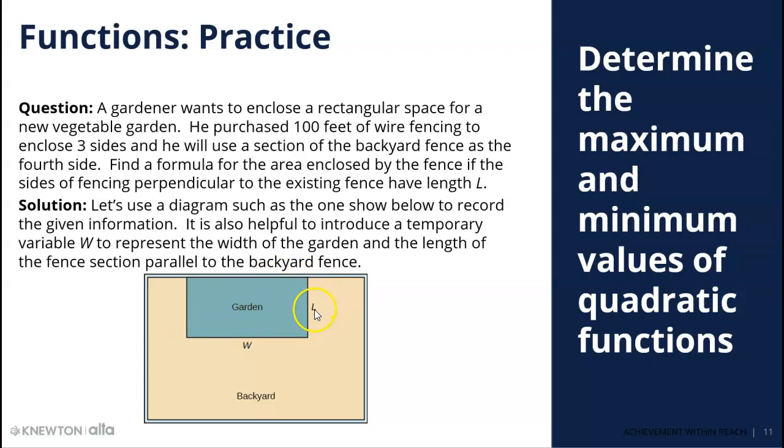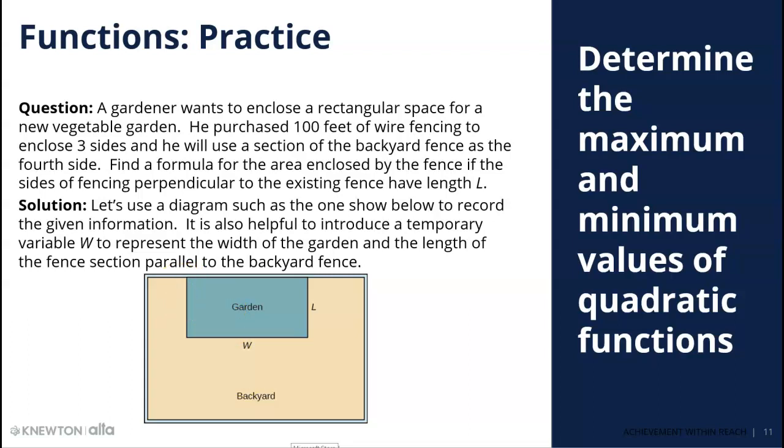So if this is given to be L, then we will call this side here W. So if we have a rectangle, if this is L, this would also be L. And also we know that this 100 feet of wire fencing is used to enclose all these 3 sides. That means if I add L and then W and then another L, that is equal to 100.